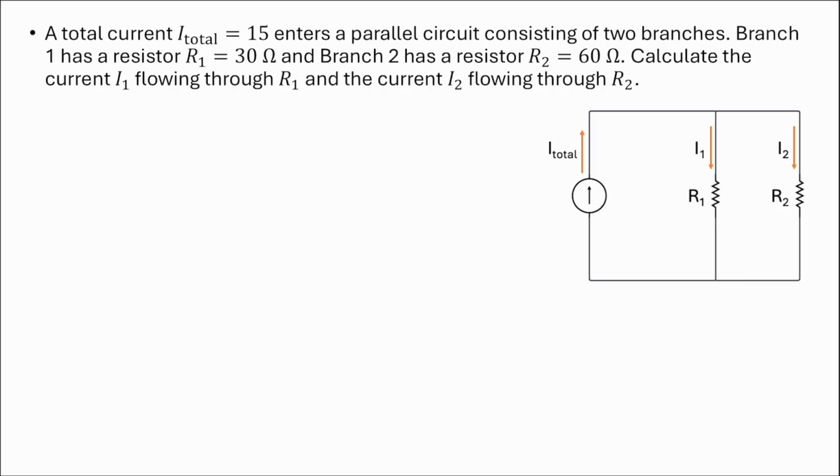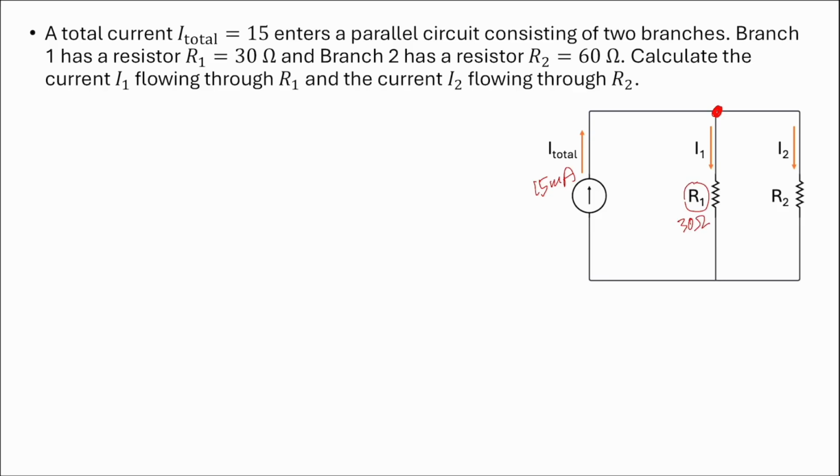This circuit is a current divider, with a current source which produces 15 milliampere of current. The current flows until it reaches the node here, and it splits into 2 branches. Branch 1 passes through R1, which is 30 ohm.